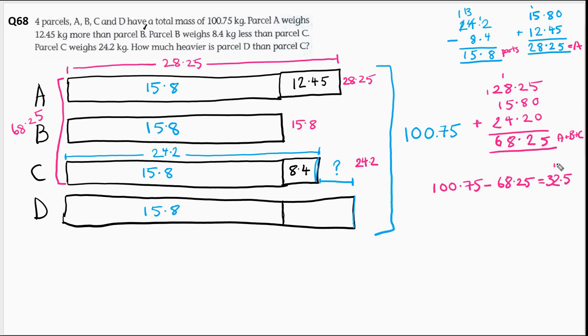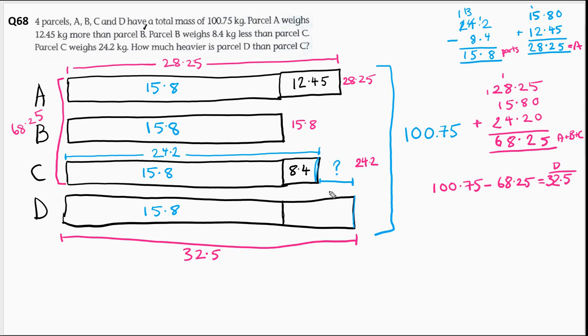Okay, this is D. So D has a total mass of 32.5 kilograms.